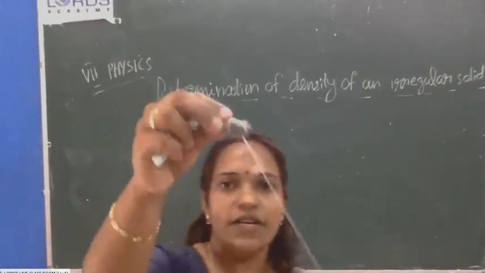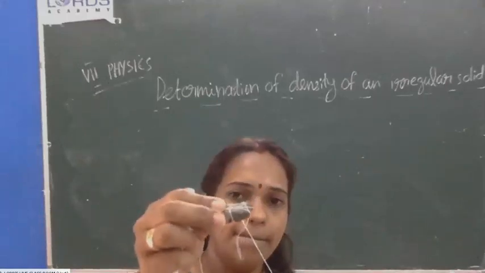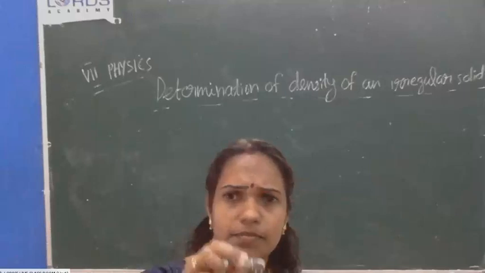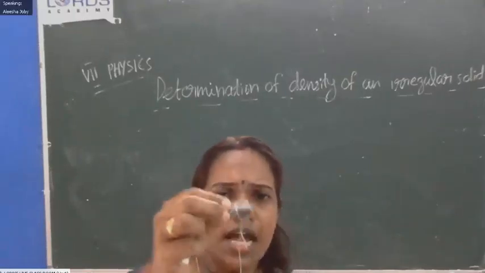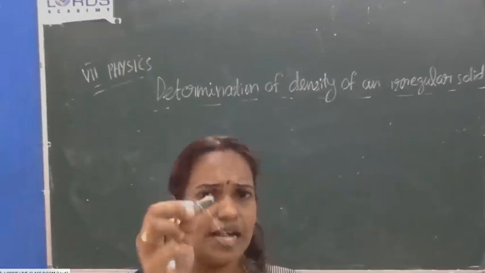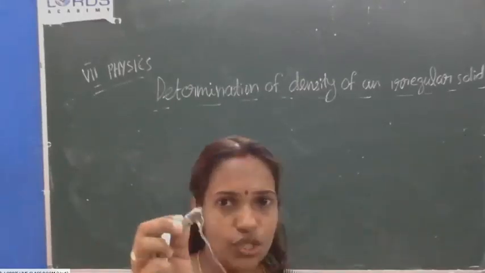So this is our stone. Does the stone have a particular shape? No. We can't tell whether it is circular or rectangular in shape. So that means it's an example of an irregular solid.